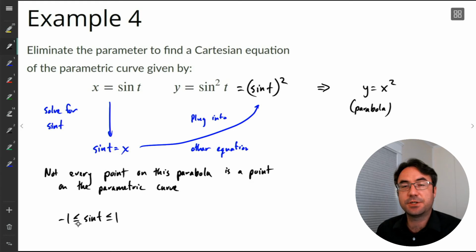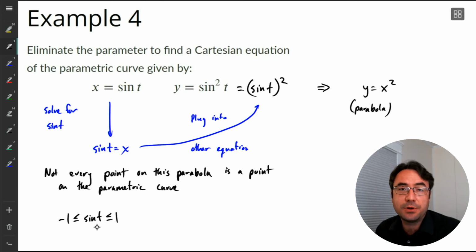So the sine function is always in between -1 and +1. We solved our equation for sine of t and used that to help us eliminate the parameter. Well, now there's a restriction on that term. It only falls in between -1 and +1.